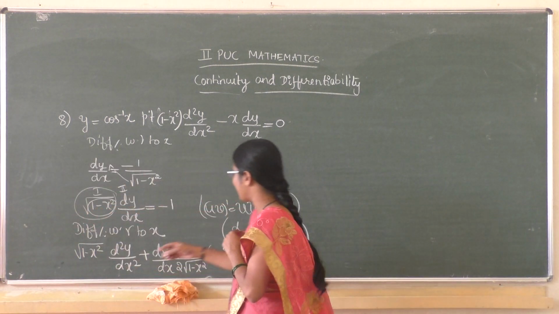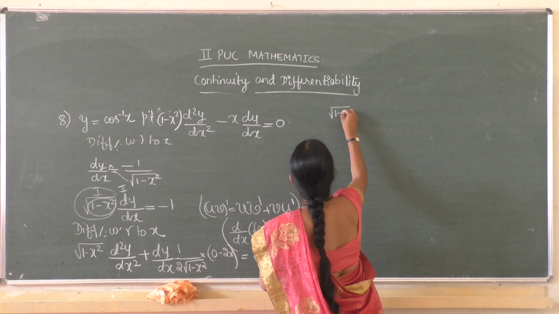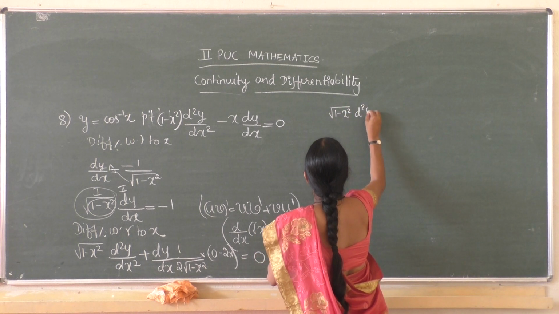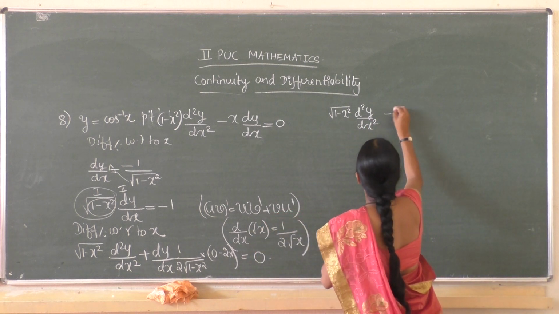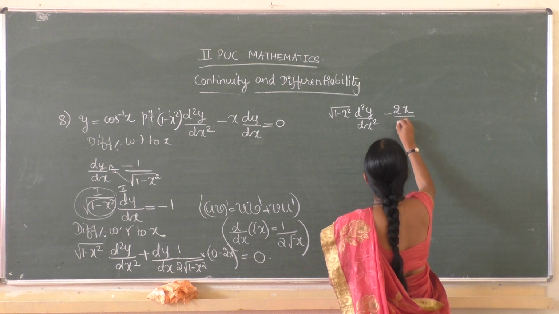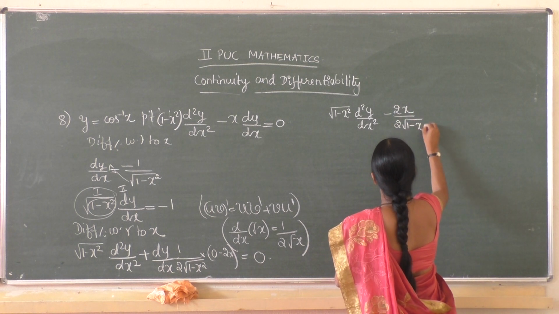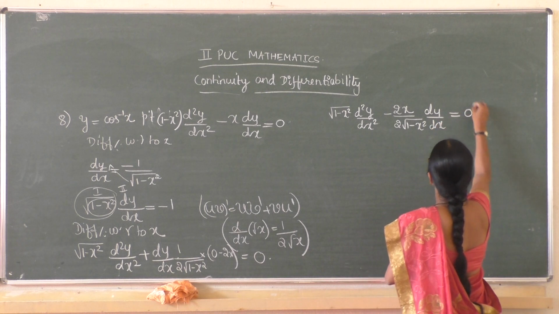So here what we get: root of 1 minus x square into d square y by dx square minus 2x divided by 2 root of 1 minus x square times dy by dx is equal to 0.